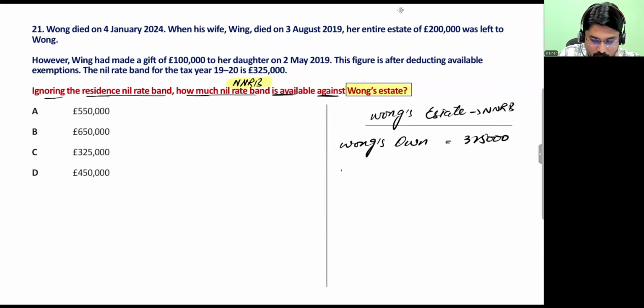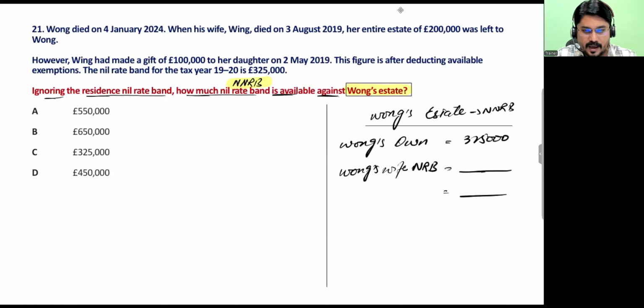And Wong's wife's nil rate band can also be available. We don't know the amount, but surely if any unused nil rate band is available from the death of Wong's wife, that can be added at the time of Wong's nil rate band calculation. Okay, let's start reading the scenario.